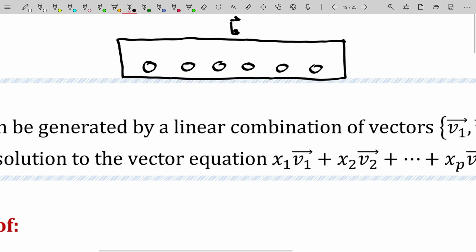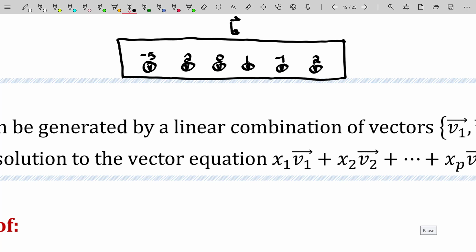These dials are the vectors v sub 1 and v sub 2 and v sub 3. I'm just going to write v's in there for now. And how much we turn them is the weights of the linear combinations that will eventually generate b. So this might be, let's say, -5. We turn it 5 units to the left. This might be 2 units to the right. We're not going to turn that one at all, and so on and so forth.